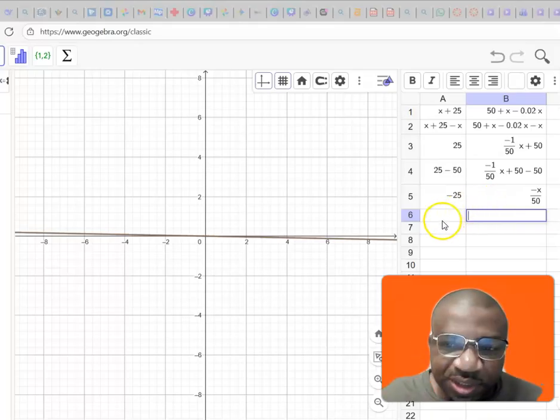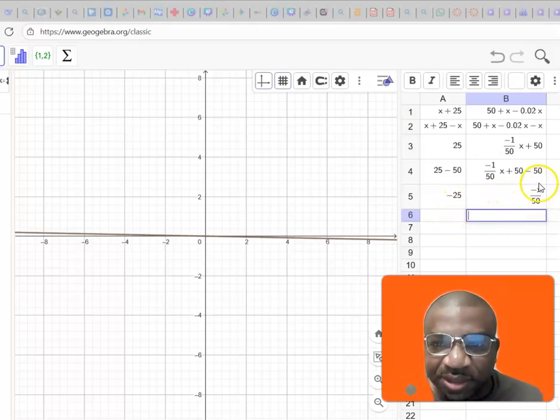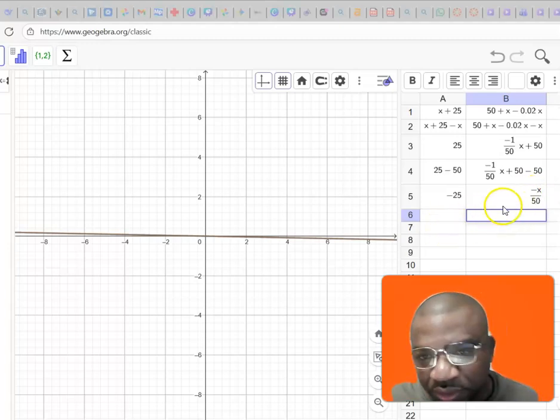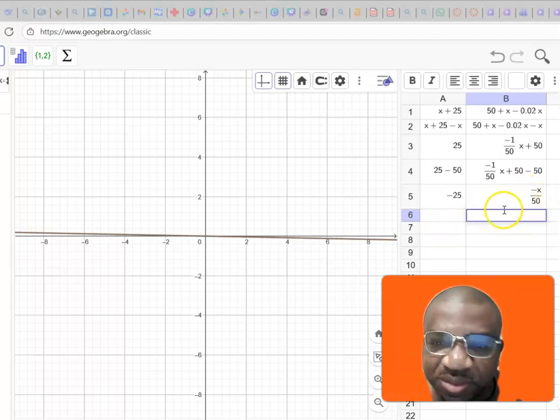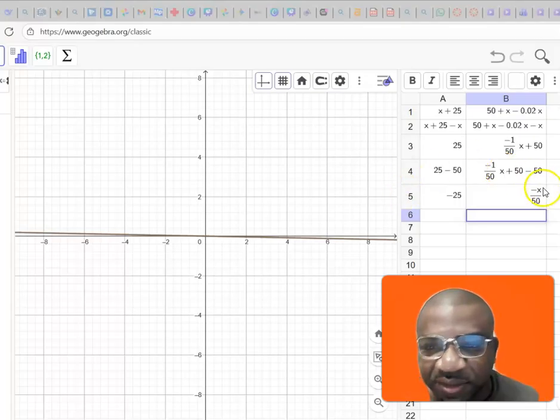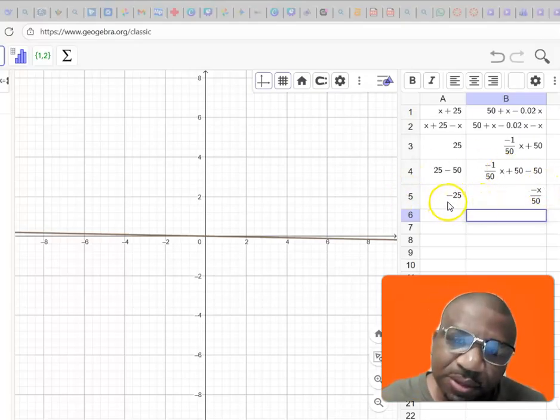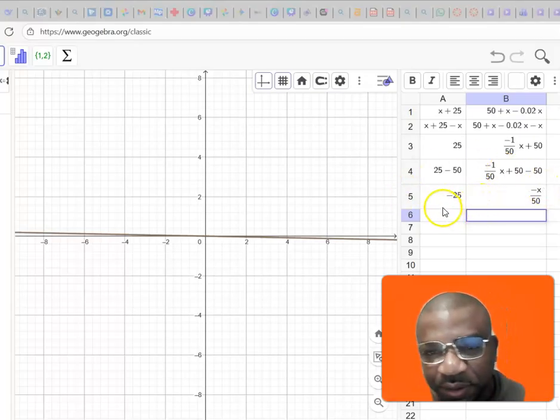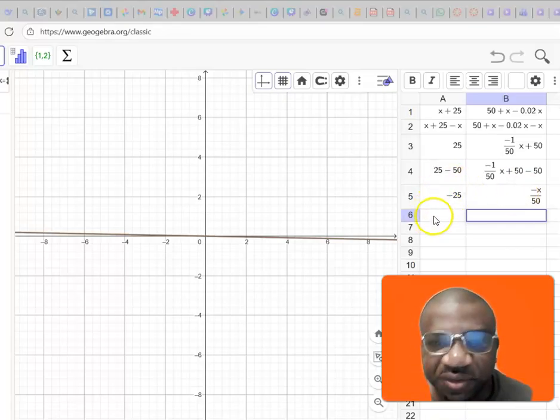So now the next thing to do is to find a way to isolate this x here, maybe to make it a subject formula. So to make it a subject formula, we can also say let's multiply on both sides of the equation with 50. So let's use 50 to multiply both sides of the equation.